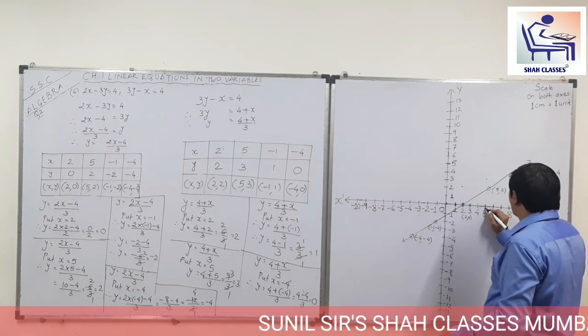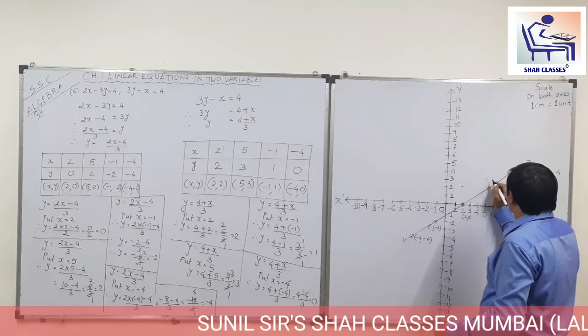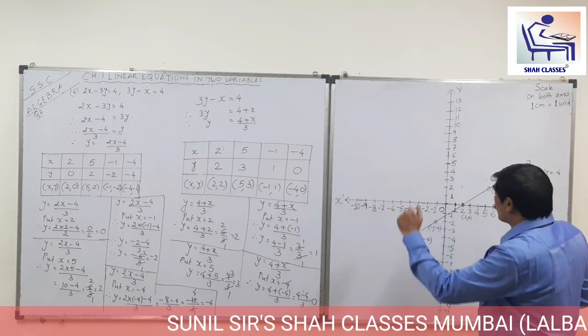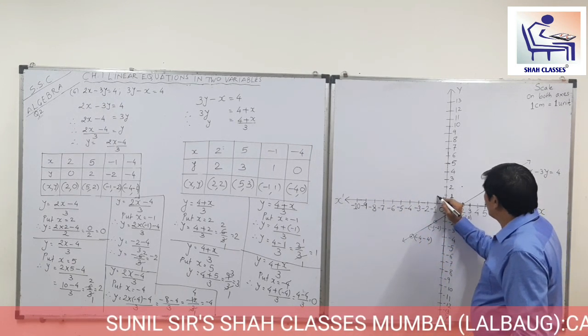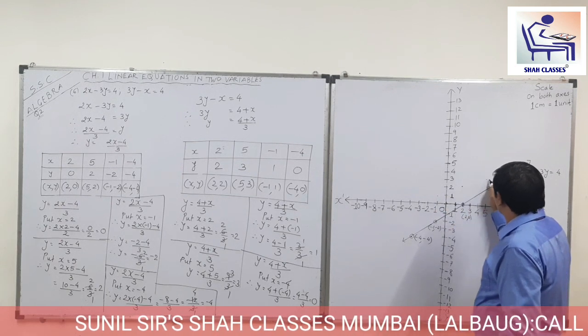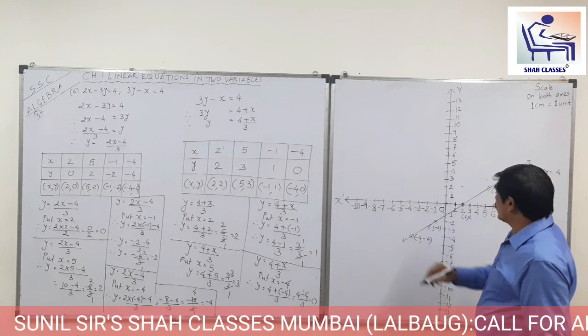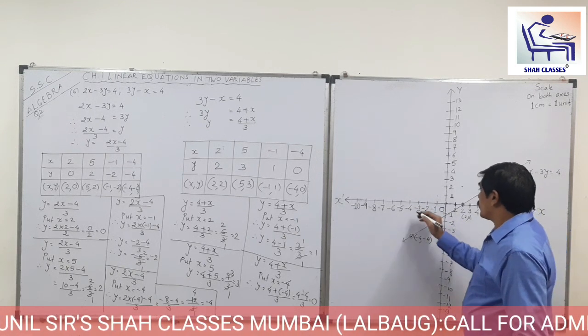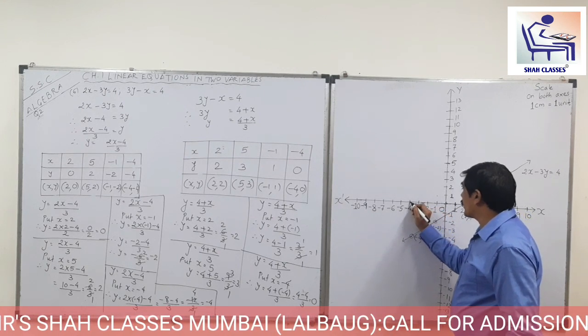So here we got this 5 and 3. Your third point is minus 1 and 1. So we are getting this line, it passes through like this. And now minus 4, 0.